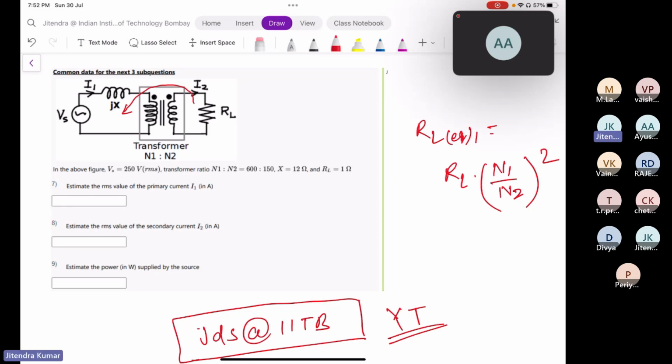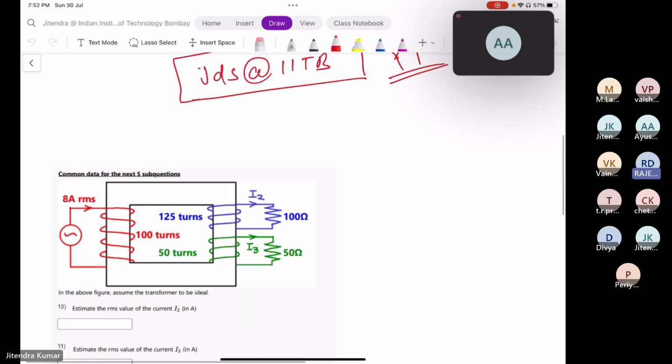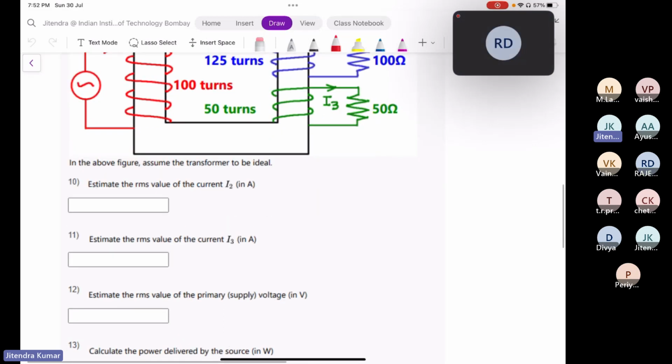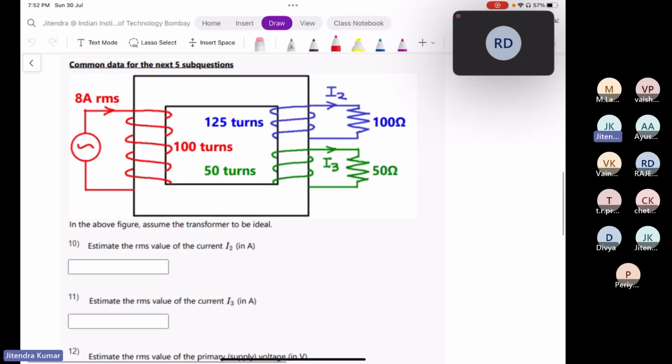Just give me a couple of minutes. I will be ready with that. I hope you are able to see the problem. Your doubt is related to question 12. First, we will read the problem and then we will go towards the approach.